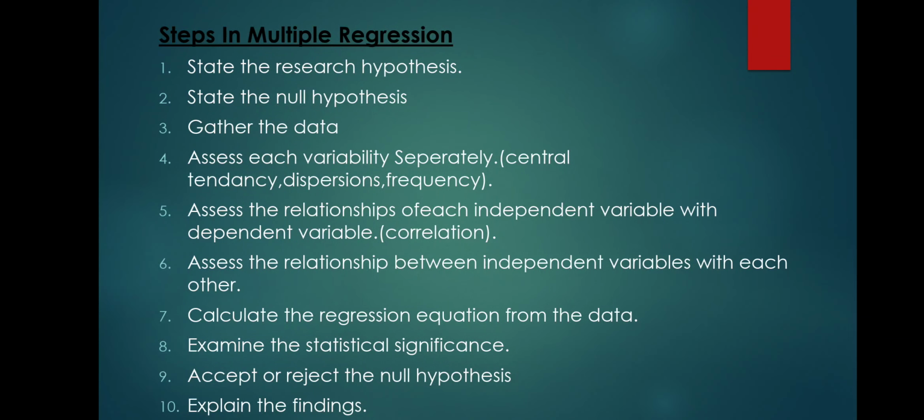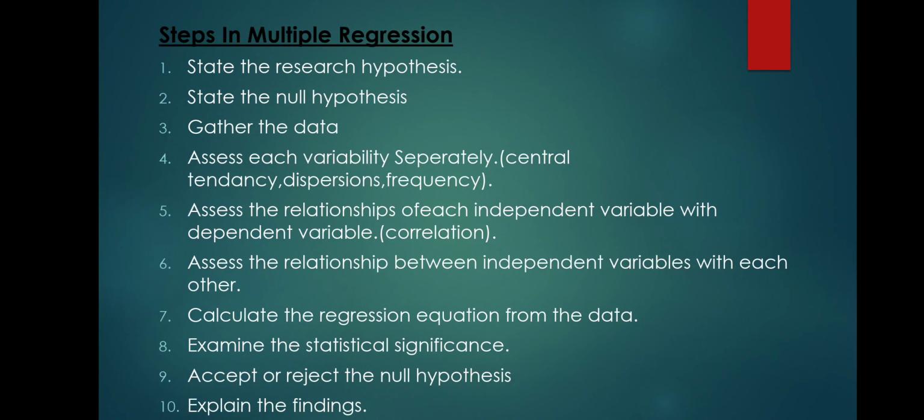Next, assess the relationship of each independent variable with the dependent variable, that is correlation. Then assess the relationship between the independent variables themselves. Next, calculate the regression equation from the data by using the regression equation formula.